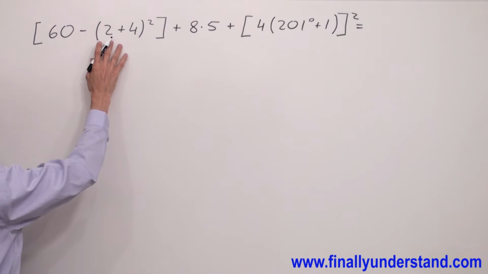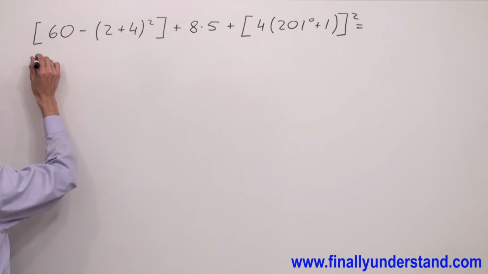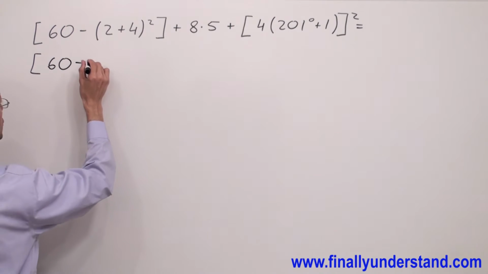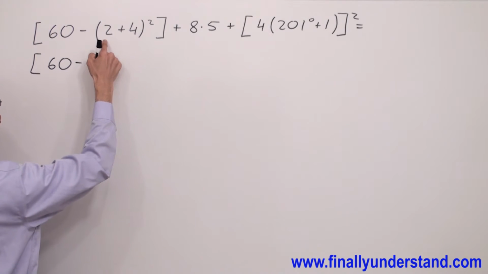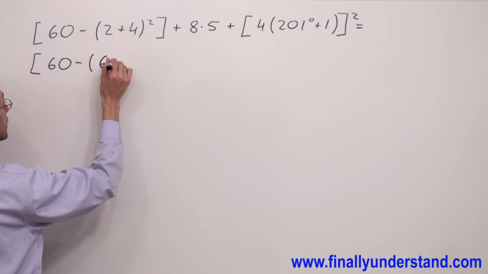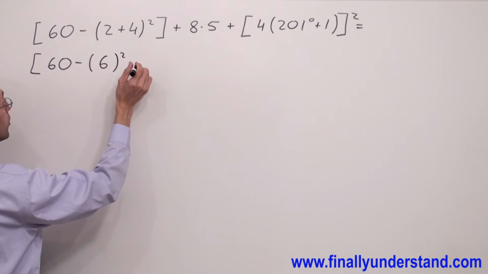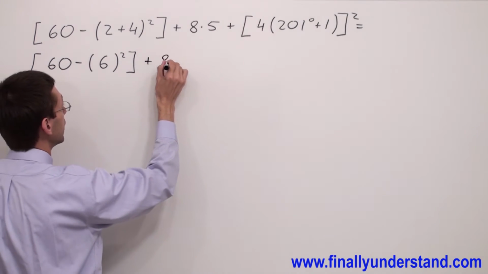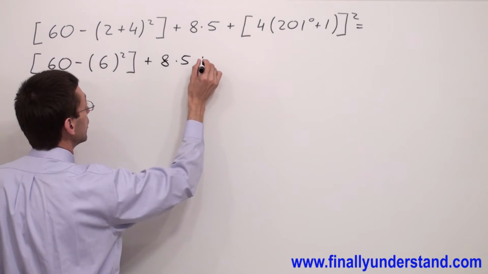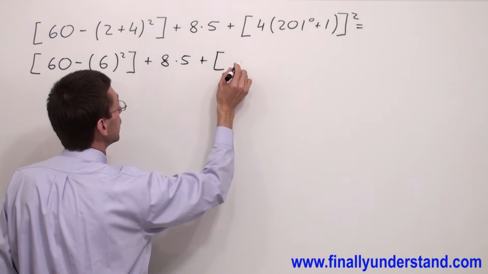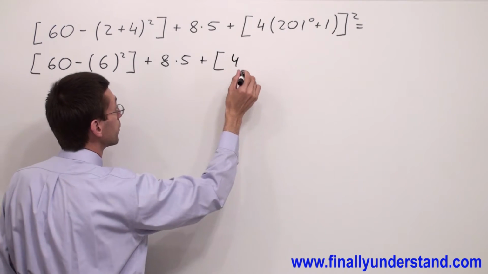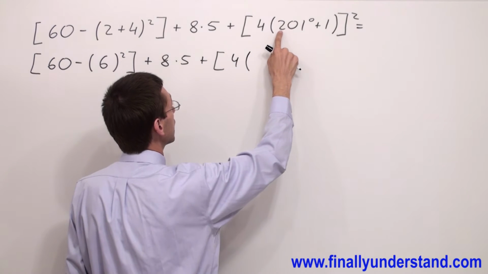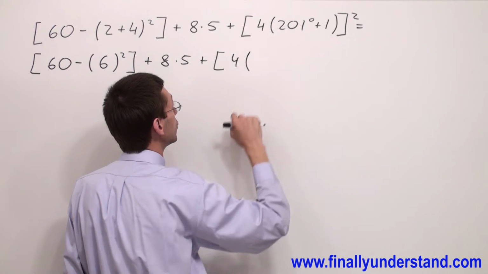We have to add these two numbers together first. So I have 60 minus, and I have 2 plus 4 is equal to 6 to the second power, plus, let me do everything step by step, plus 4, open parentheses, inside of the parentheses I have power, I have 201 raised to power 0.